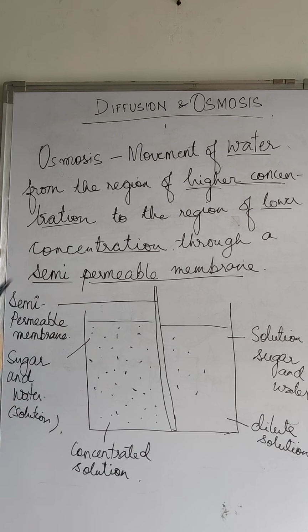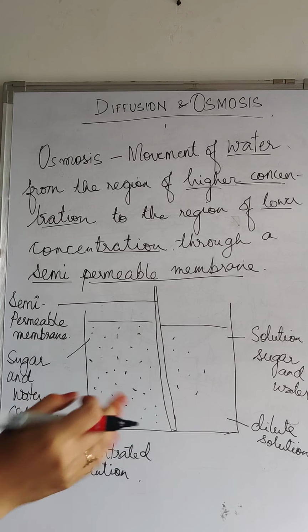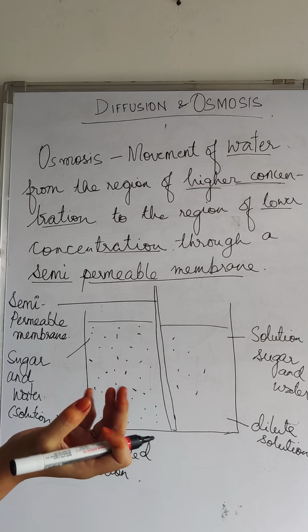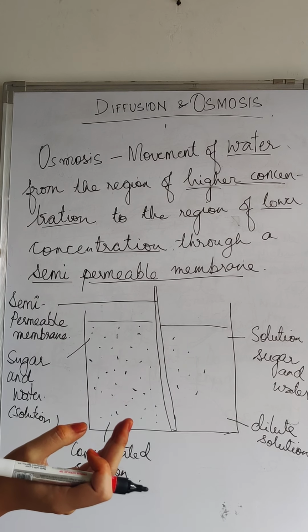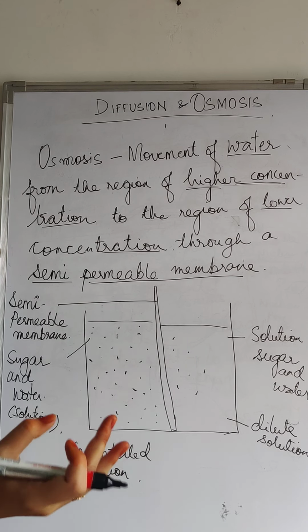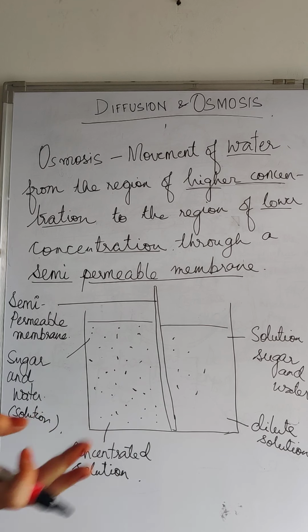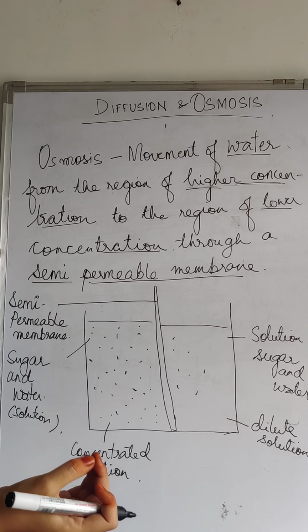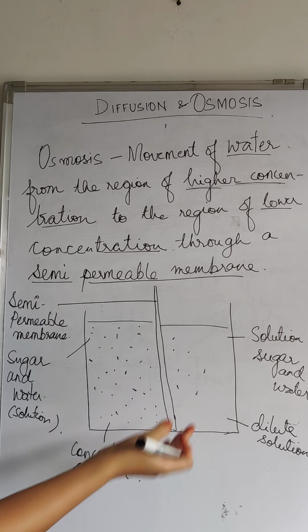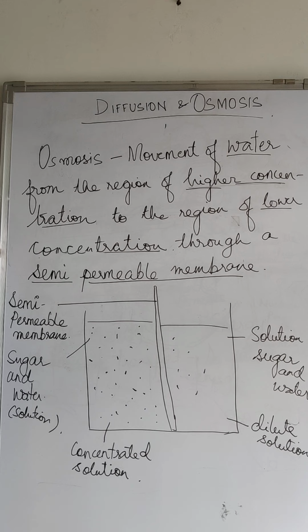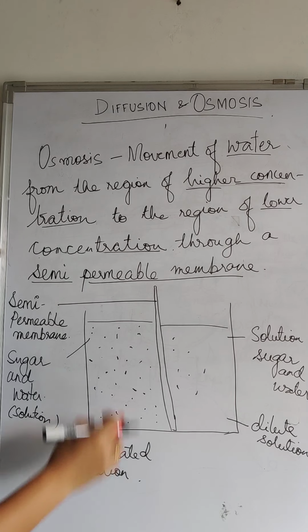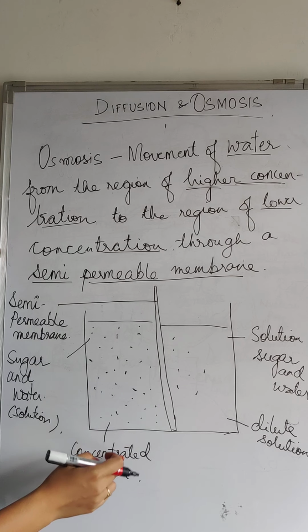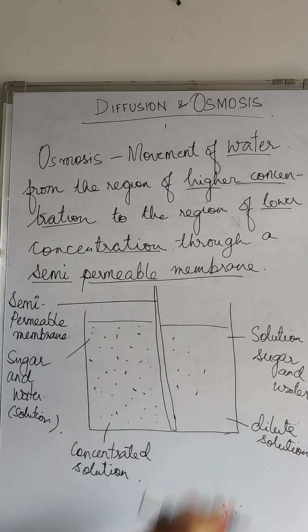For the one guest that I don't like, I put less. I put 1 teaspoon of Tang. So it tastes bad, okay? So in the first case, I have taken a concentrated solution of Tang, and in the second case, a dilute solution of Tang. So in this case, you see, this one is a concentrated solution and this one is a dilute solution.